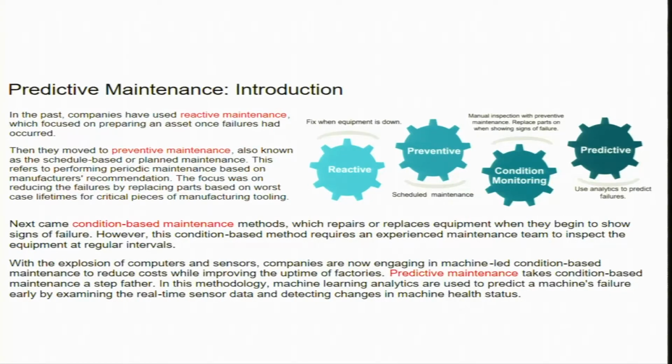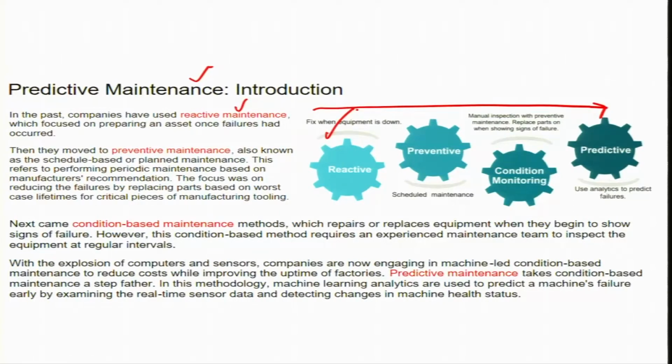Predictive maintenance has now completed its journey, starting with reactive maintenance. Let us introduce predictive maintenance with the full pipeline, with the full growth to this stage, called the predictive maintenance stage, which is the most advanced maintenance for Industry 4.0. In the past, companies used reactive maintenance.